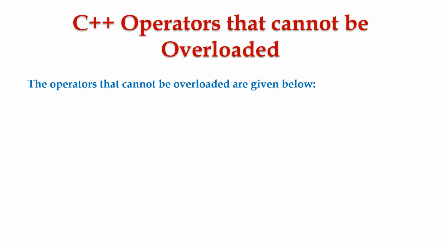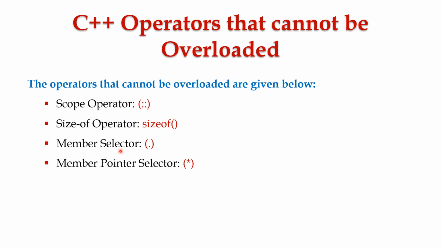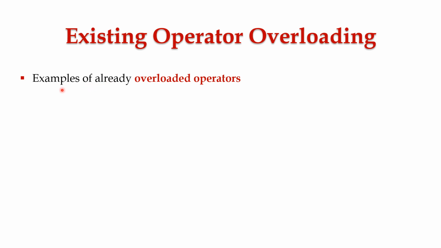Operators that cannot be overloaded in C++ programming are scope operator, sizeof operator, member selector, member pointer selector, and ternary operator.